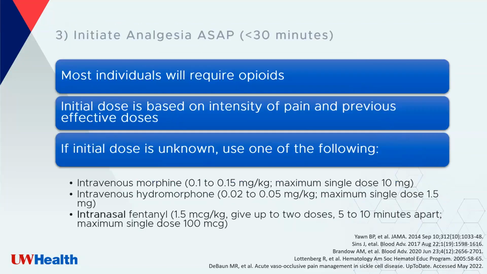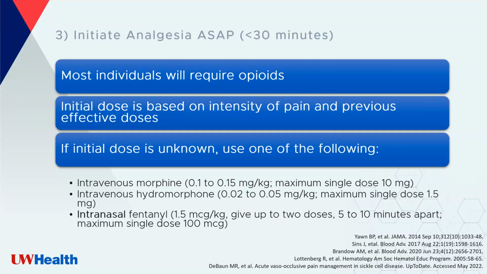And then lastly, number three, initiate analgesia as soon as possible. This is recommended to be done within 30 minutes, or in less than 30 minutes. Most individuals with sickle cell disease require opioids, and the initial dose is based on intensity of pain and previous effective doses, which alludes to the care plan that you'd want to acquire upon presentation to the ED.